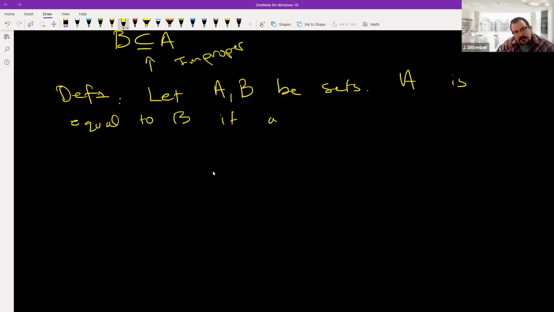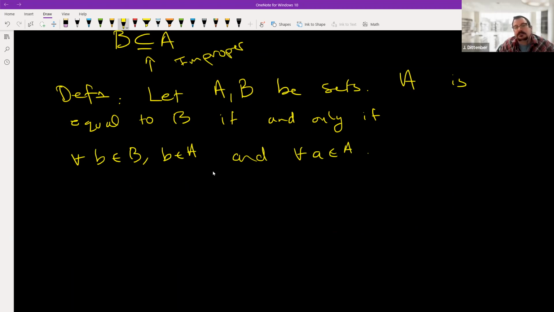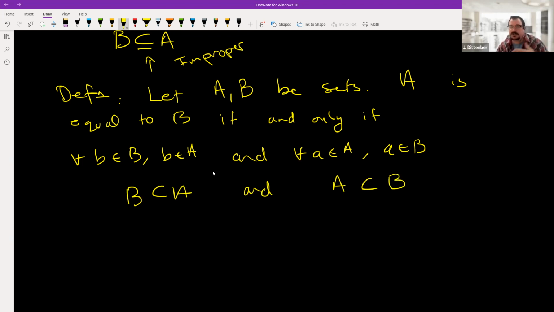A is equal to B if and only if, I would write it like this: for all b in B, b is in A, and for all a in A, that same a is in B. So in other words, that means that B is a subset of A, and A is a subset of B. Okay, so that's the case that they're equal. If the two sets are a subset of each other, then they must be equal. And that's how you go about proving that two sets are equal.